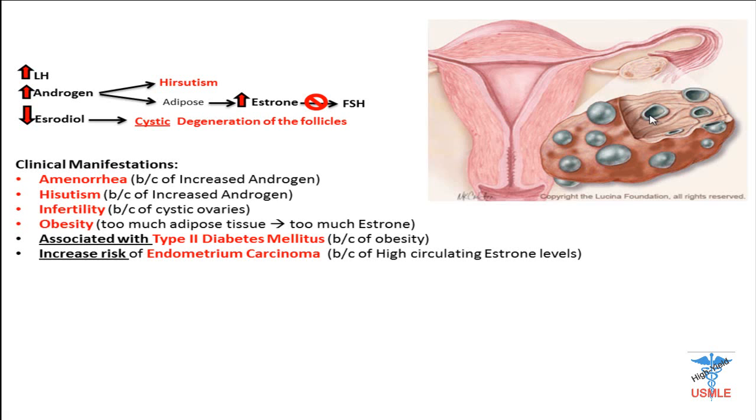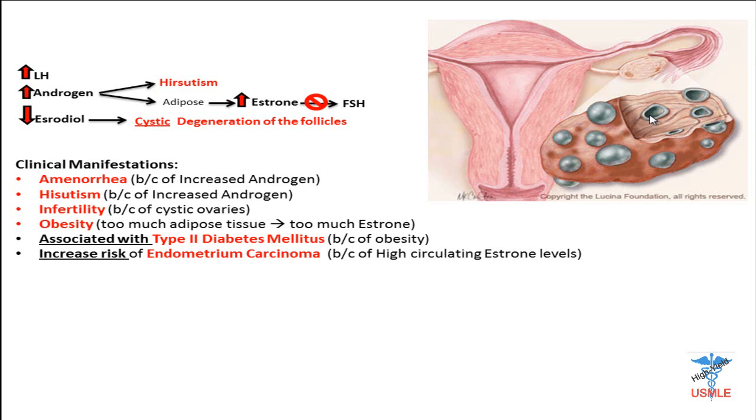Now, clinical manifestations are going to be amenorrhea due to increased androgen production, and hirsutism due to increased androgen production. We're going to have infertility due to cystic ovaries, and the patient is going to present with obesity, because obese patients have too much adipose tissue, therefore they're going to make too much estrone.